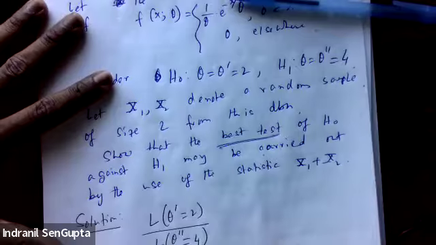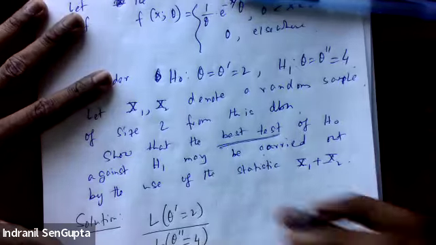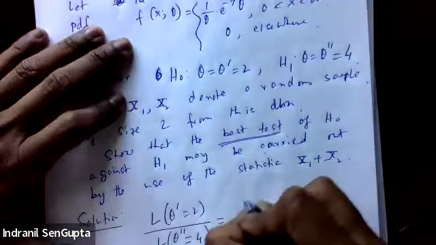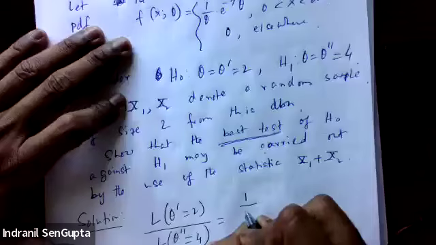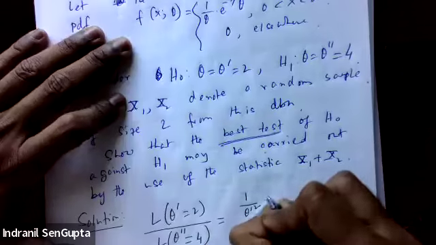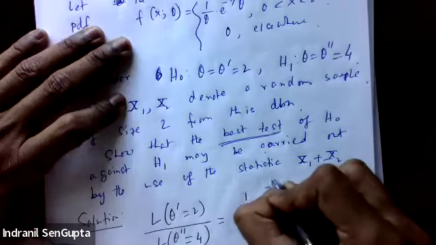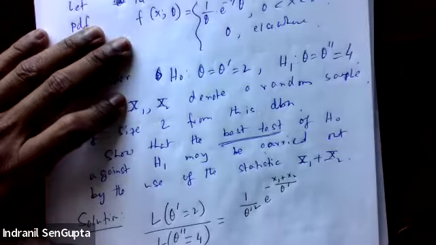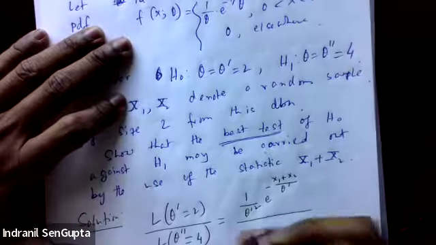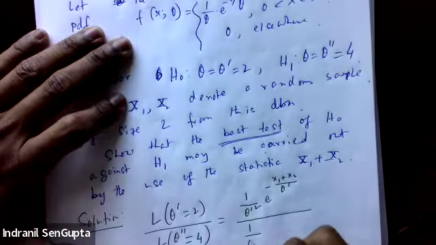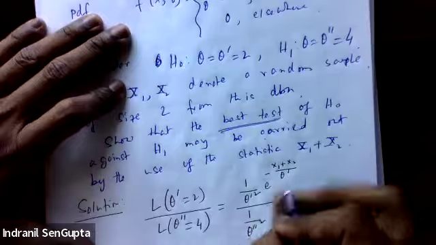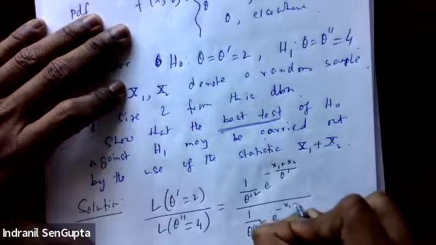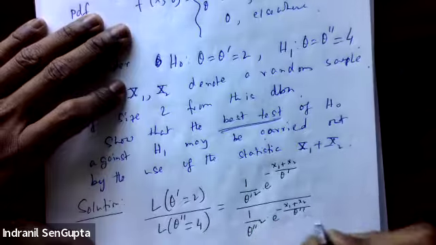It's a sample of size 2, so it's 1 over theta prime squared e to the minus x1 plus x2 over theta prime, over 1 over theta double prime squared e to the minus x1 plus x2 over theta double prime, right?